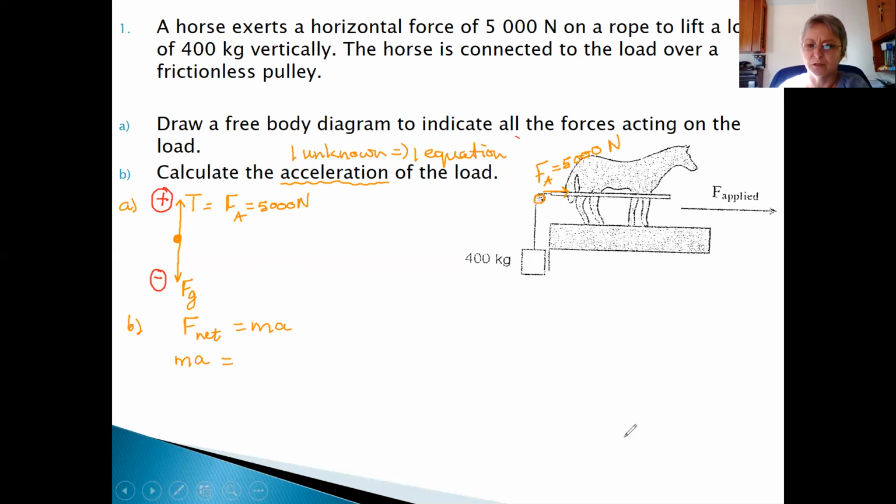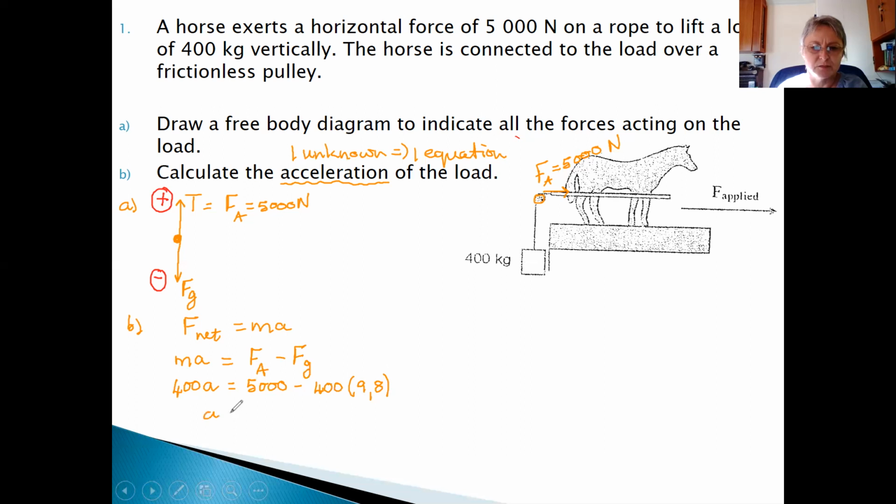So to build the equation, I say tension, or the applied force, in this case it doesn't matter, minus Fg equals ma. The mass of the object is 400 kilograms. The acceleration is the unknown. The applied force is 5,000 newtons, and the mass of the load is 400, and the gravitational acceleration is 9.8.